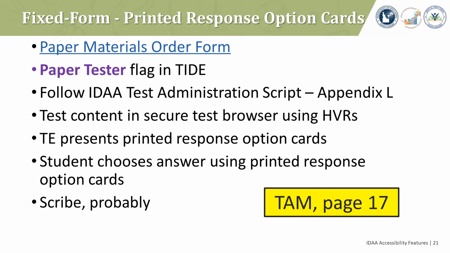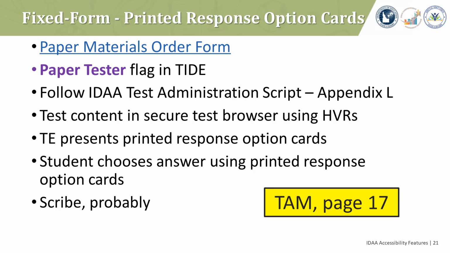When administering the Idaho Alternate Assessment fixed form with printed response option cards, the teacher will follow the Idaho Alternate Assessment test administration script outlined in Appendix L of the TAM. The teacher will support the student to access test content in the secure test browser using the HVRs. The teacher will present the printed response option cards to the student while playing the HVRs for each response option.